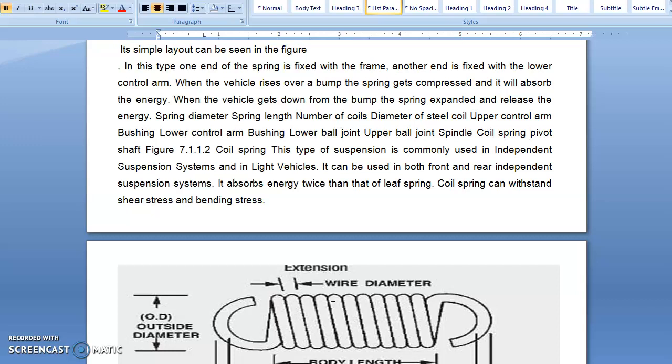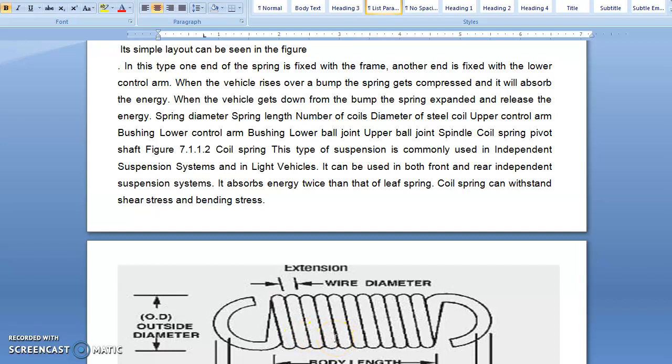Spring diameter, spring length, number of coils, diameter of steel, coil, upper control arm bushing, lower control arm bushing, lower ball joints, upper ball joints, spindle, coil spring, spring pivot shaft. These are the components used in the alignment of a coil spring. This type of suspension is used commonly in independent suspension in light vehicles.